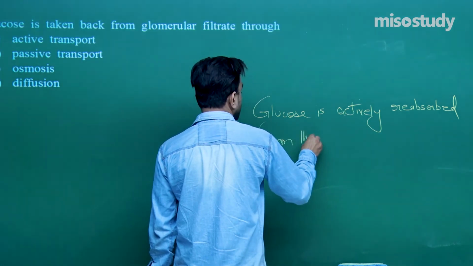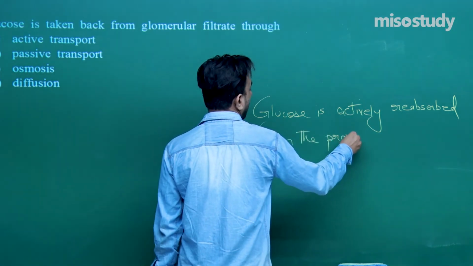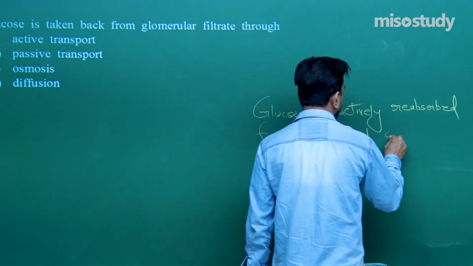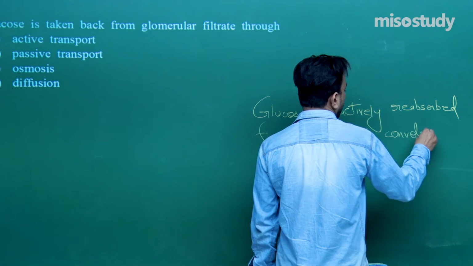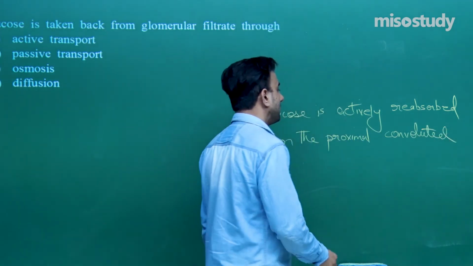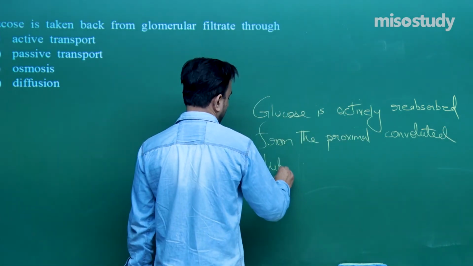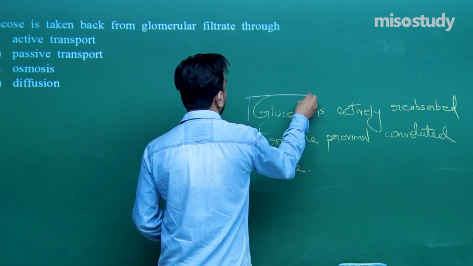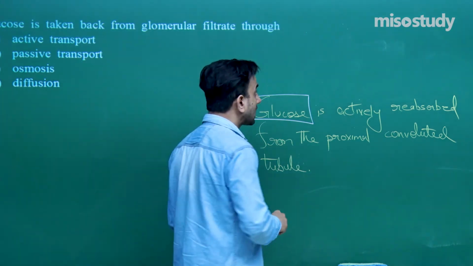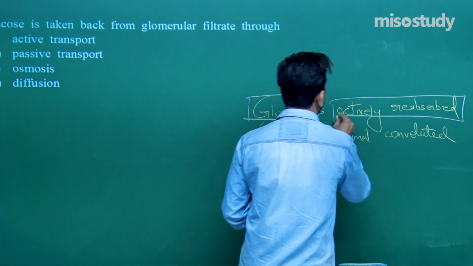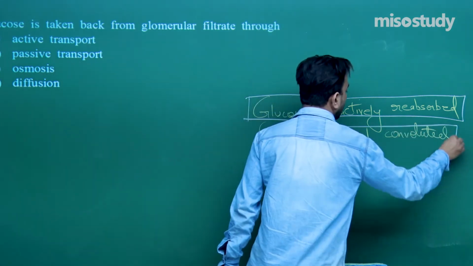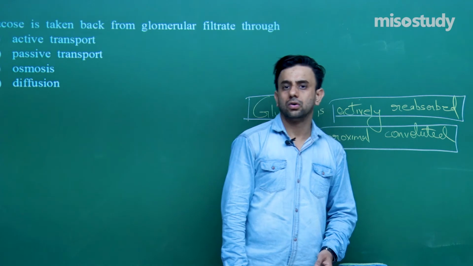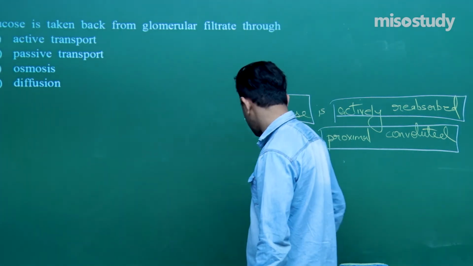This is the 8th question. So glucose is actively reabsorbed from the proximal convoluted tubule. Okay, so then we move on to the next question.